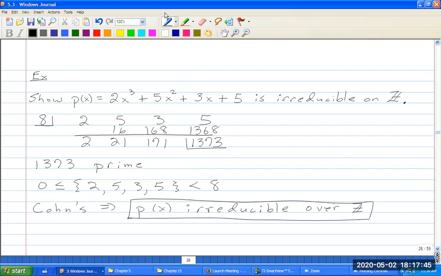I wanted to find a whole number greater than 5 so that when I plug into the polynomial, the output is a prime number. So that's why I use the calculator, sort of to cheat, to see which one I should try. The one I should try is 8, because 8 worked.